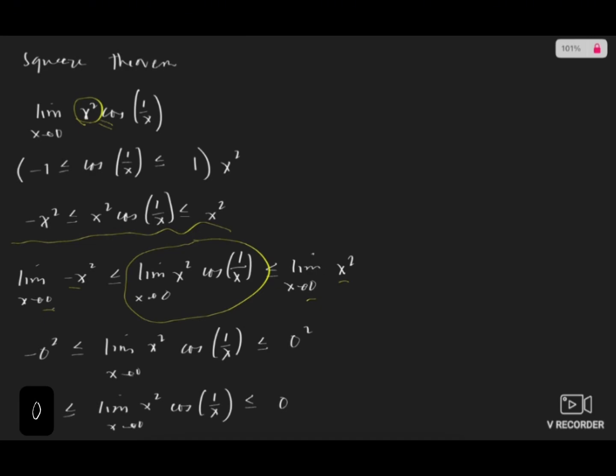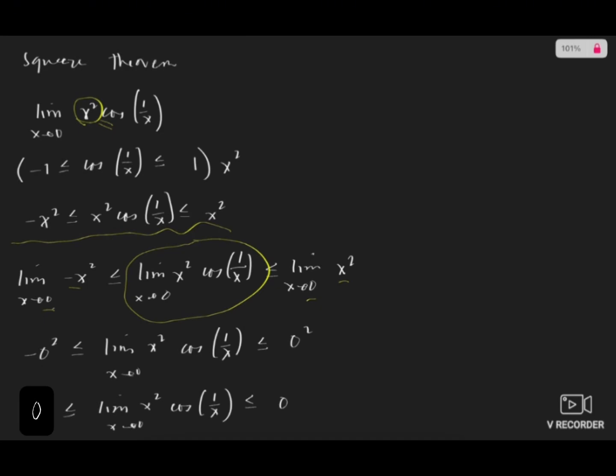So let's analyze our answer. From here, we can say that the limit of x squared, which is x approaches 0, cosine 1 over x must be greater than or equal to -0 or 0 and less than or equal to 0.